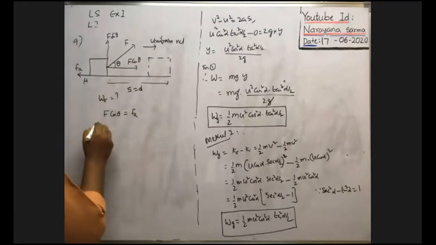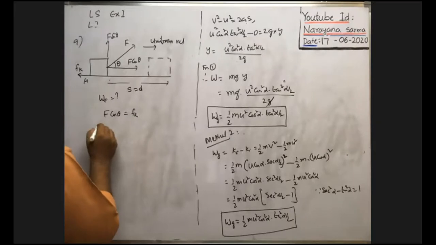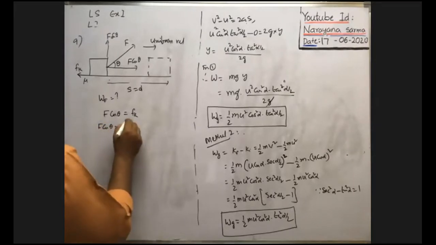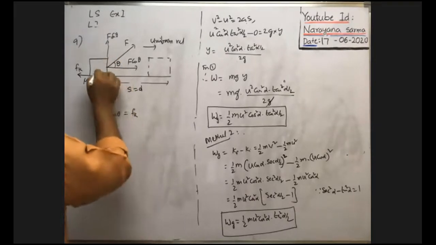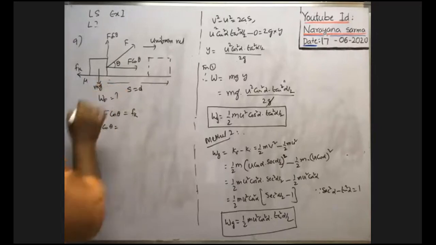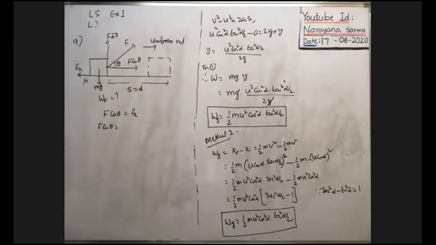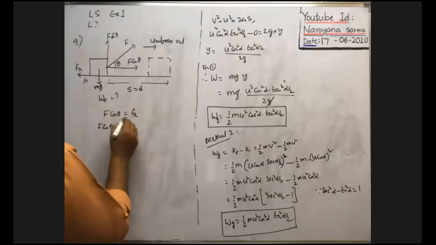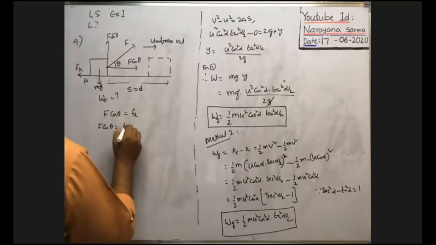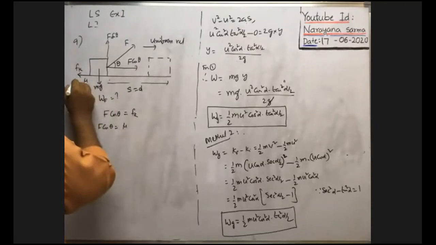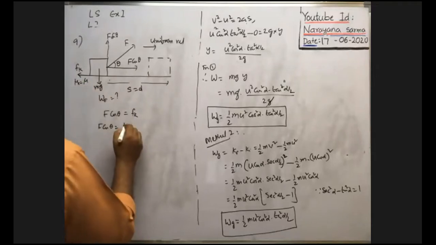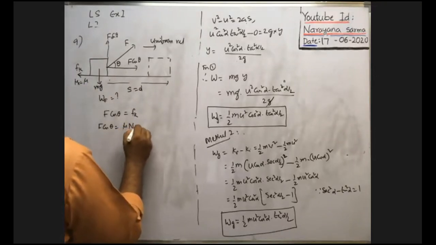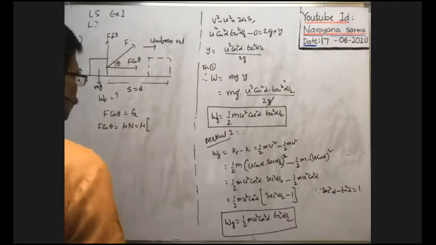Now, F cos theta is equal to Fk. You see, weight mg acts vertically downwards. So Fk is mu k into normal reaction, and mu k is equal to mu, which is given. In this case, what is the normal reaction?